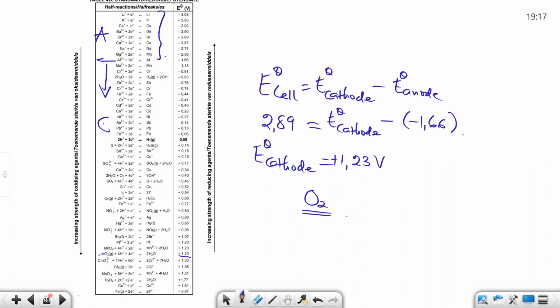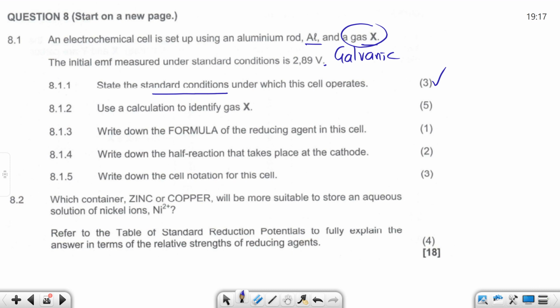It's a gas. 5 marks: 1, 2, 3, 4, 5. We're done. Identify using a calculation the gas. Make sense, everybody? Yeah, the gas. Identify gas X. They didn't say reaction. They want a gas. Done.